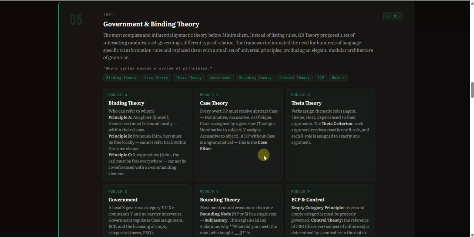This is the case filter. Then theta theory. Verbs assign thematic roles, such as agent, goal, experiencer, to their arguments. So each argument receives exactly one theta role, and each theta role is assigned to exactly one argument.